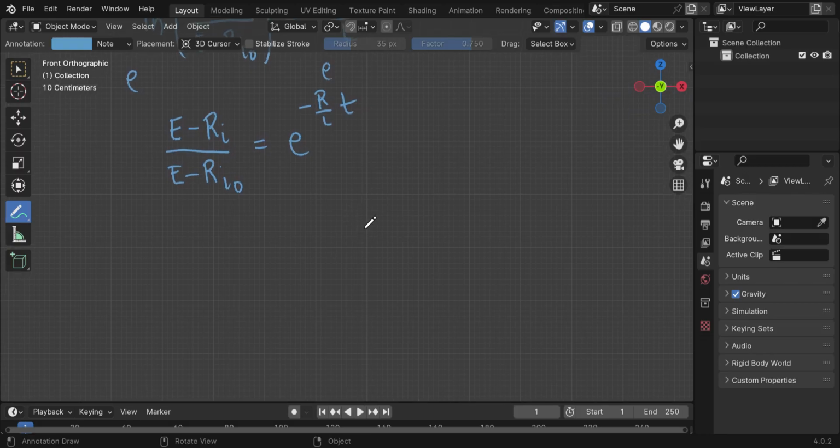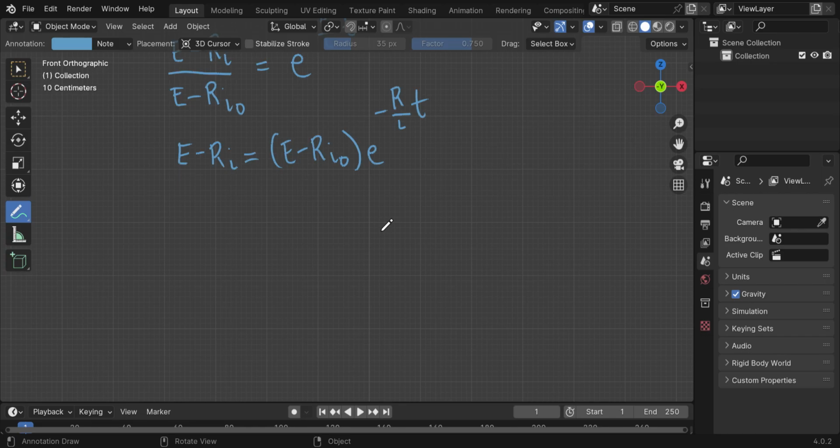So next we want to say E minus R times I equals E minus R I0 times e to the negative R over L times t.